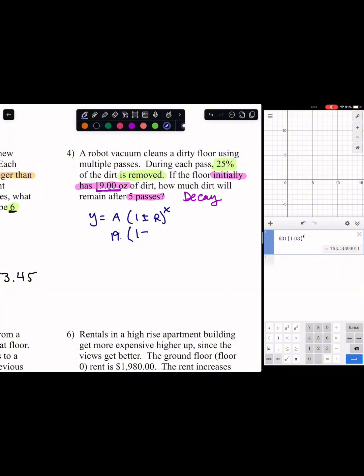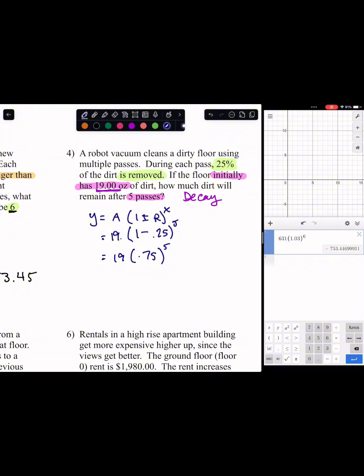So minus my 25%, which is 0.25. And then the thing that changes is the number of passes. That's going to be 5 up there. So 19, this is going to be 0.75 because 1 minus 0.25 is 0.75. It's like if you had $1 but you lose a quarter, 75 cents.